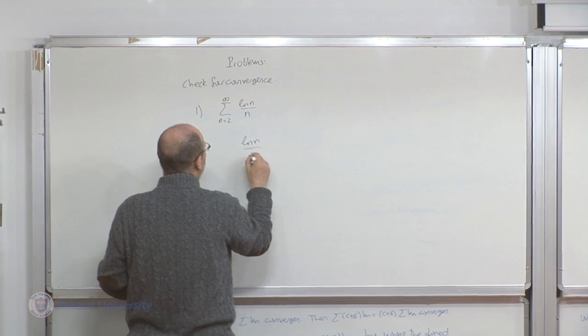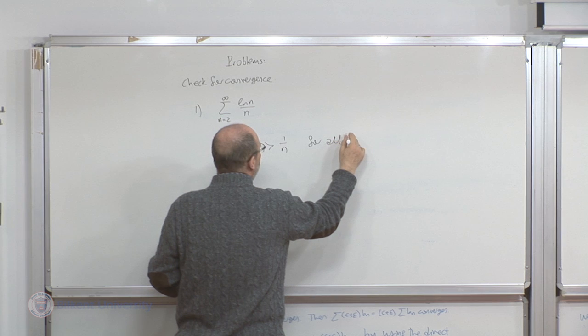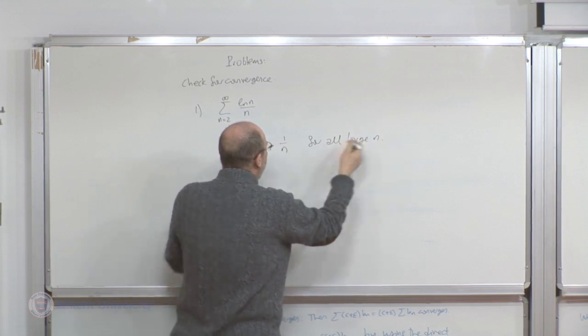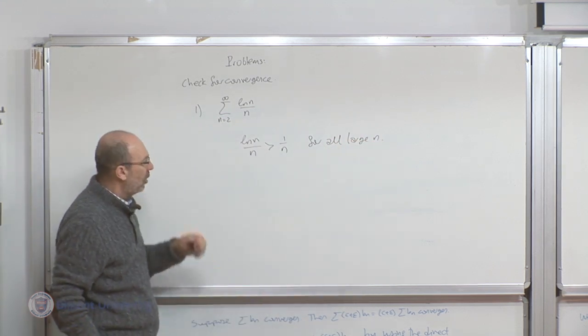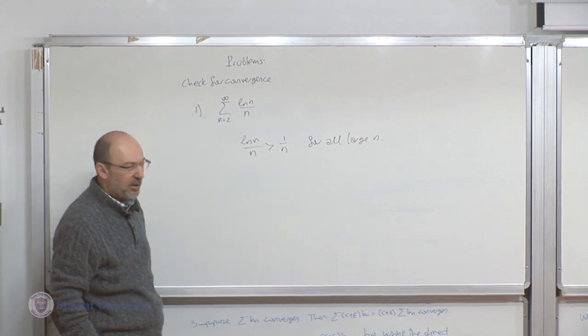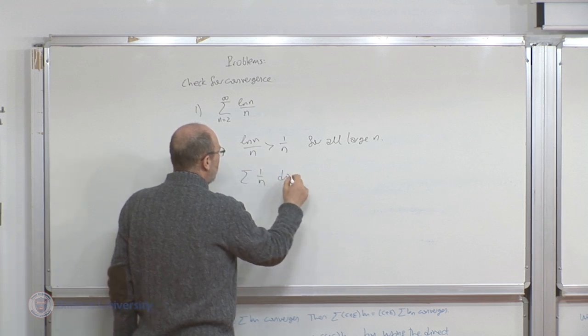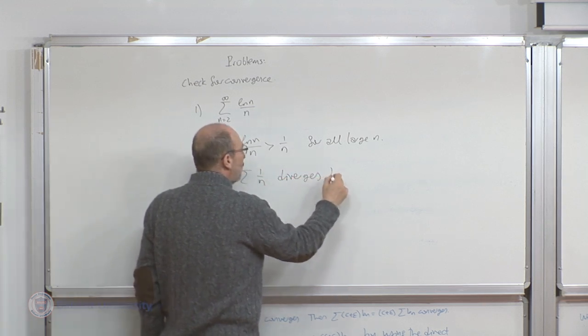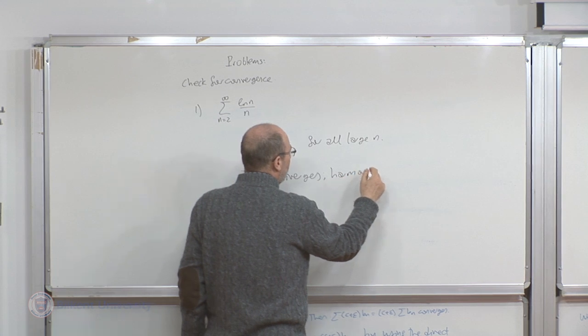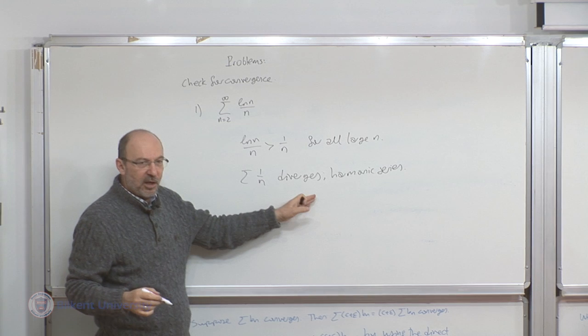ln n over n is larger than 1 over n for all large n. In fact, if n is 3, we start having this. Summation 1 over n diverges, harmonic series. That is why we prove these things and give them a name.